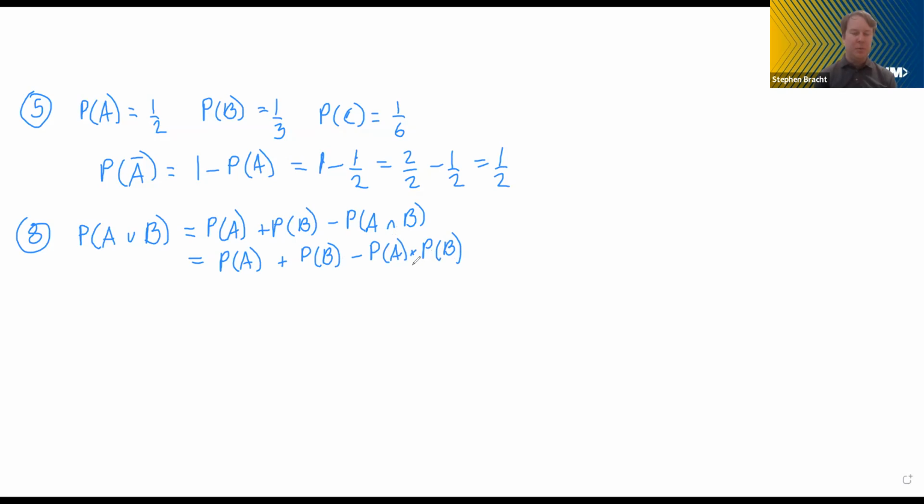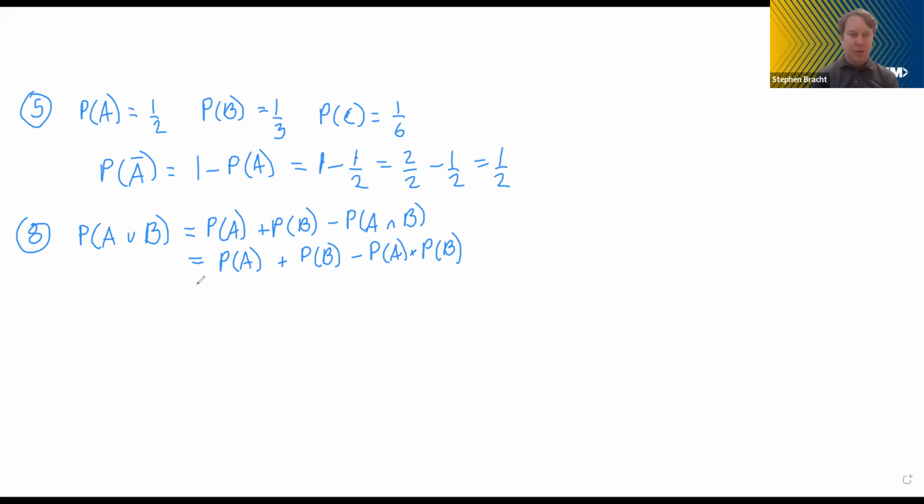And independent just means that the occurrence of one event does not have any influence over whether the other event occurs or doesn't occur. Okay. Again, that idea is fleshed out more if you look over the PowerPoints and the video on independent events. But it turns out that if events are independent, then the probability of the intersection of those events is just equal to the product of the individual probabilities.